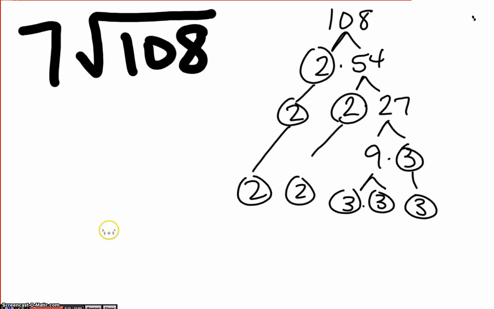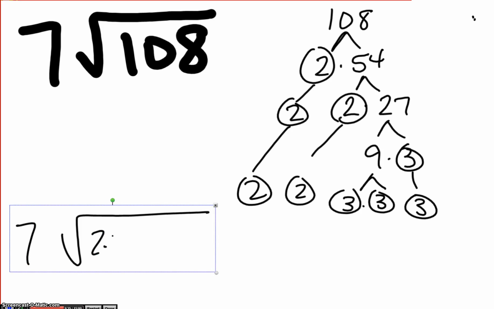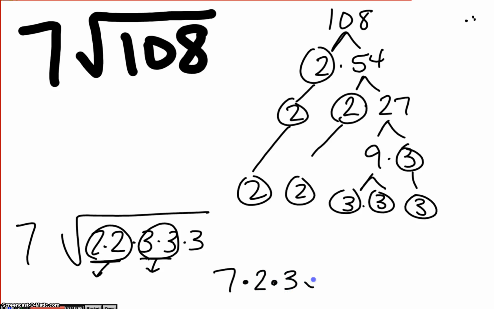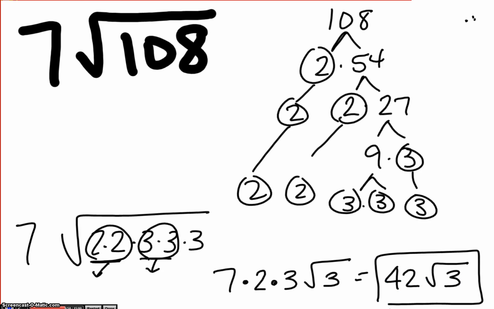So now I have all primes, so I can stick them under the radical. 7, 2 times 2 times 3 times 3 times 3. You can only pull the pairs out. So 2 and 3 can be pulled out. 7 times 2 times 3, square root of 3 equals 42 square root of 3. And that is your simplified version.